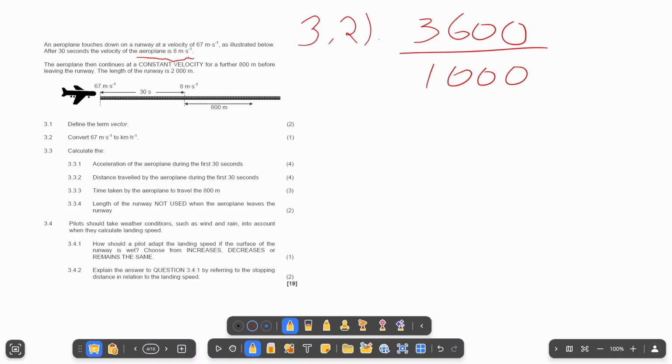If you divide that, you get 3.6, which is a conversion factor, so to say.